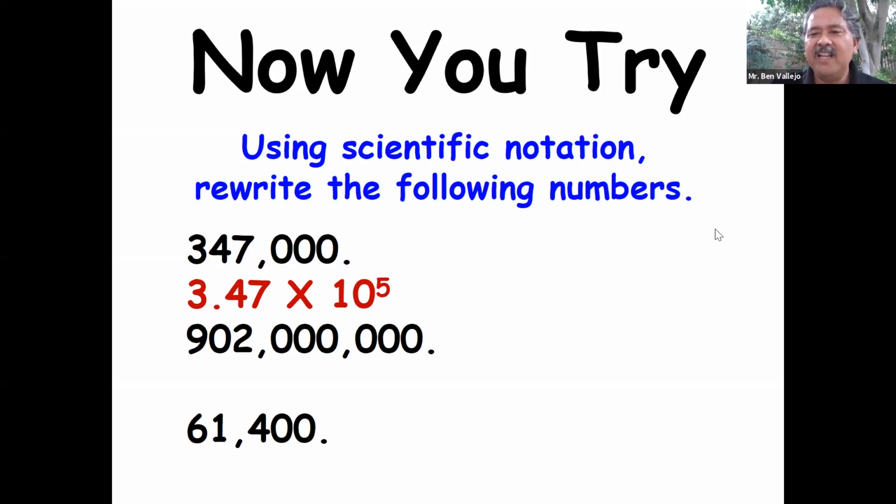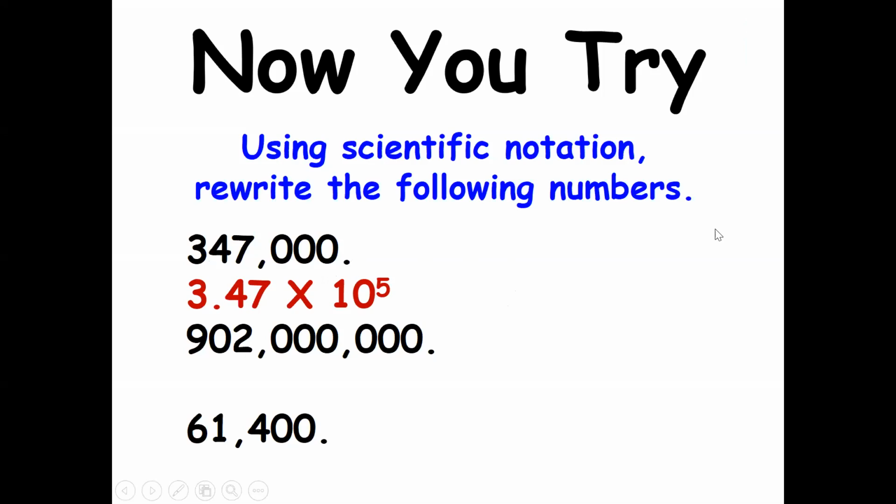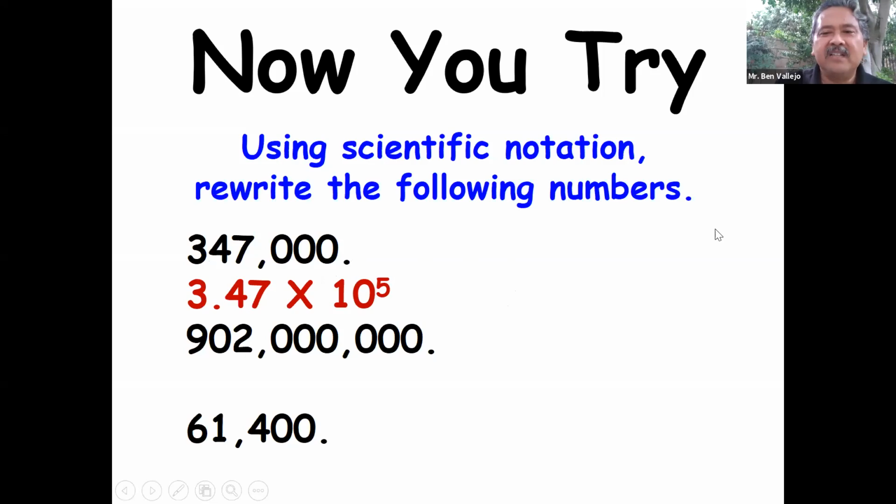All righty. All right, so I can see some of you. We have a question. Oh yeah, what's your question? How'd you get 10? It's always 10. So what you're going to do is count how many times you moved the decimal over, and I moved it over 5 times.